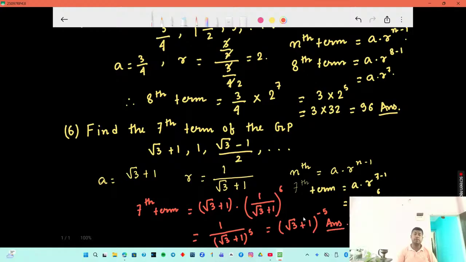Is it clear to you? So what will be the answer of this question? The answer of this question will be root over 3 plus 1 to the power minus 5. And this is the right answer of this question.